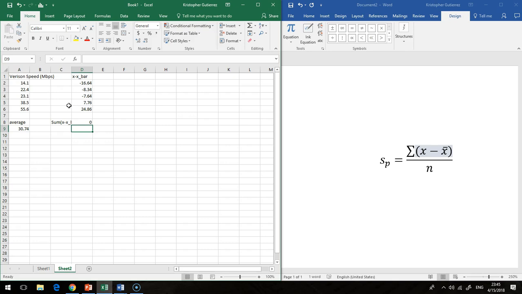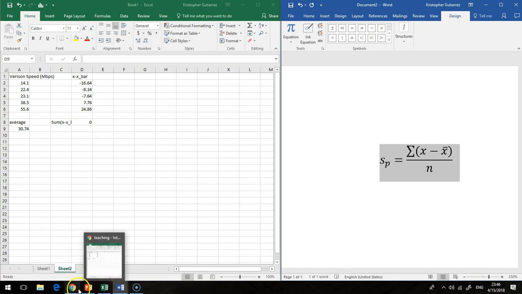And it turns out that that will always give us 0 because we have some that are above the mean and some that are below the mean. And actually, if we take this and separate it and do some calculations on it, we'll find out that this, as this is defined, will always be equal to 0. So that is one of the reasons why we do not do that.